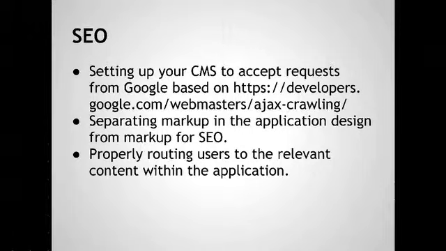in that case, all your CMS has to do is route that information. Instead of presenting the application itself, it routes that to just another view. And this actually helps because you can then serve up any markup and CSS you want, representative of the content Google's looking for, and be able to separate your presentation data.